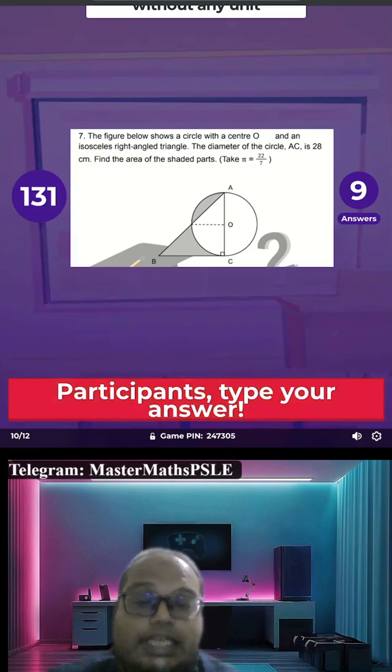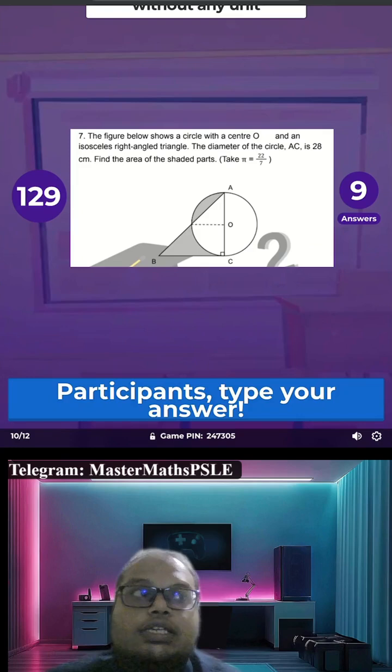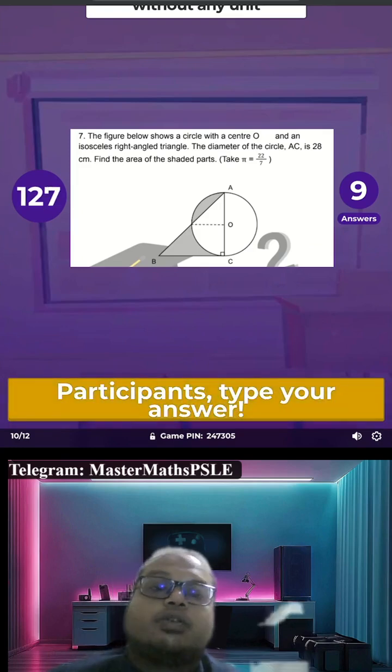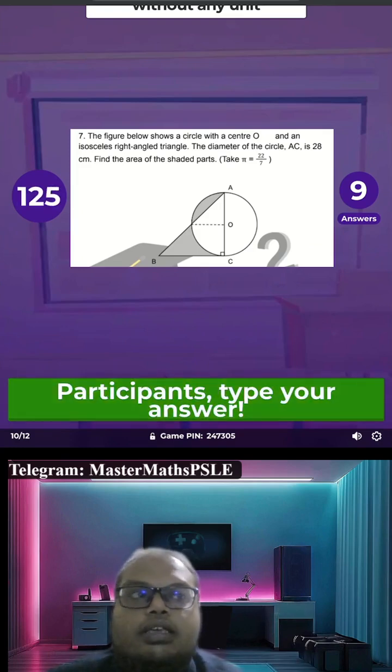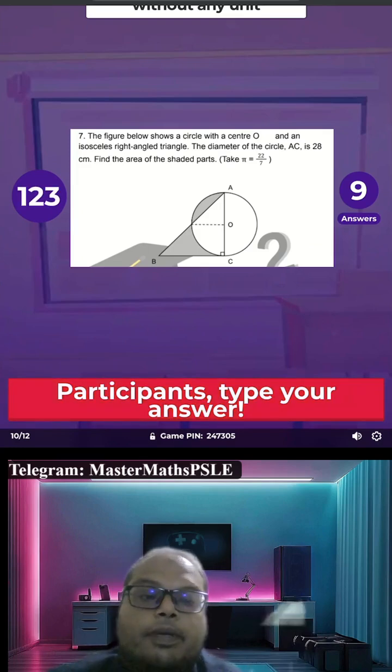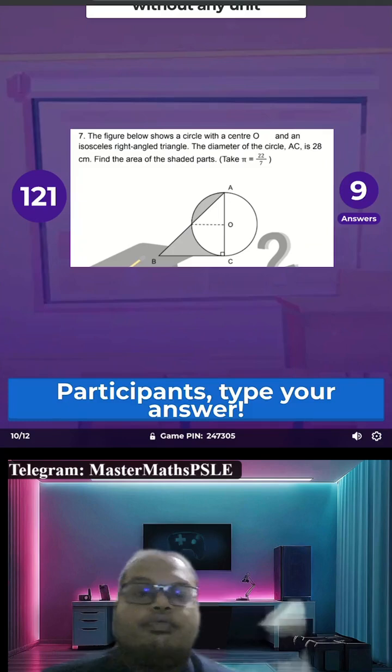Actually, the last one is the easiest because it is simply your overlapping figures question. So if there's an overlap, how are you going to find the area of the whole figure?